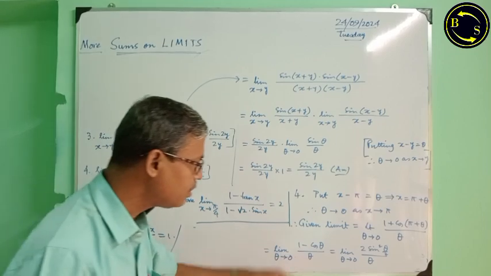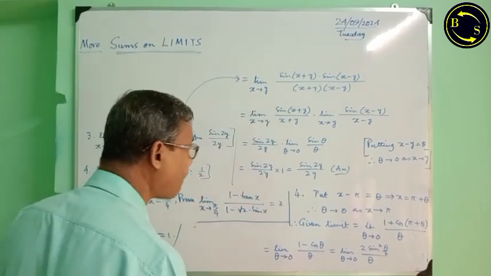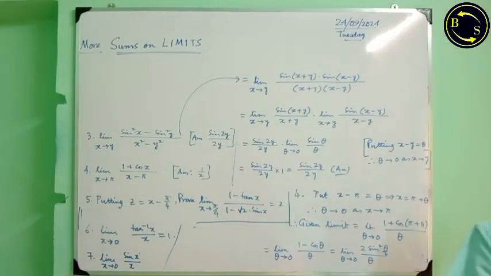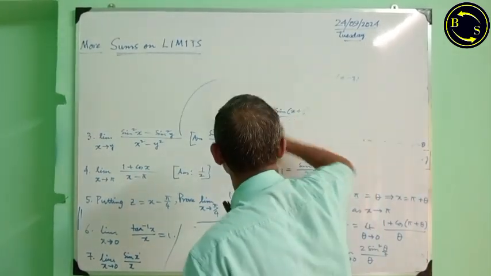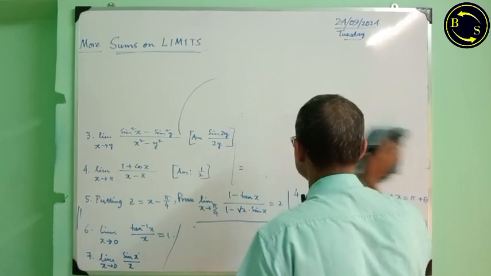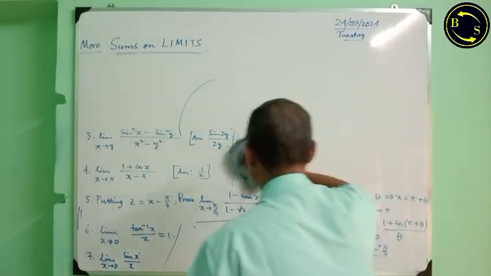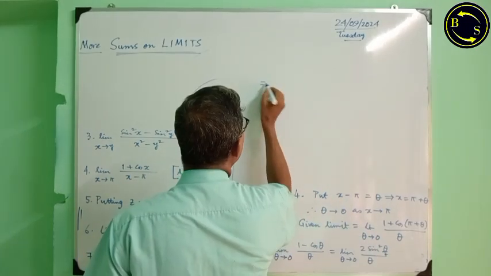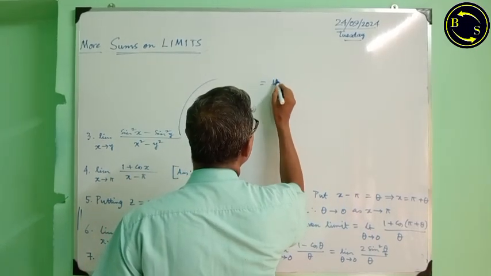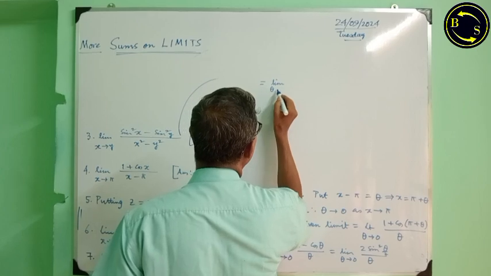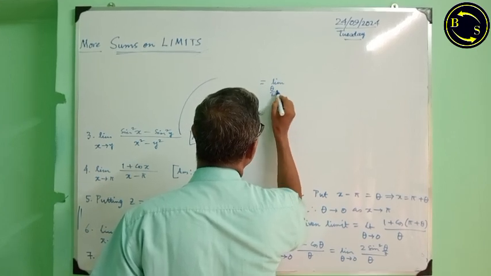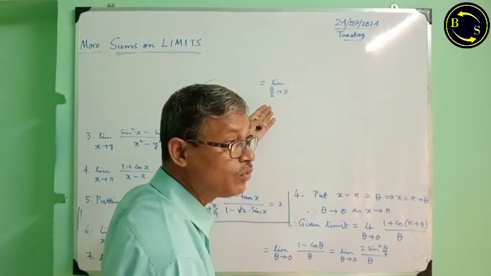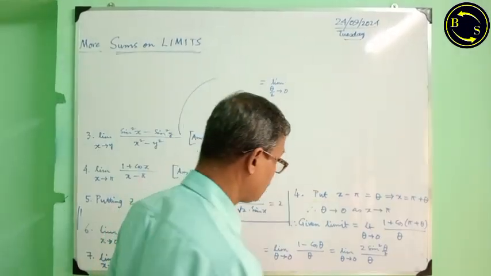Now I can write that as, let me rub first the upper part. That is equal to limit theta by 2 tends to 0. Since theta tends to 0, therefore theta by 2 tends to 0.